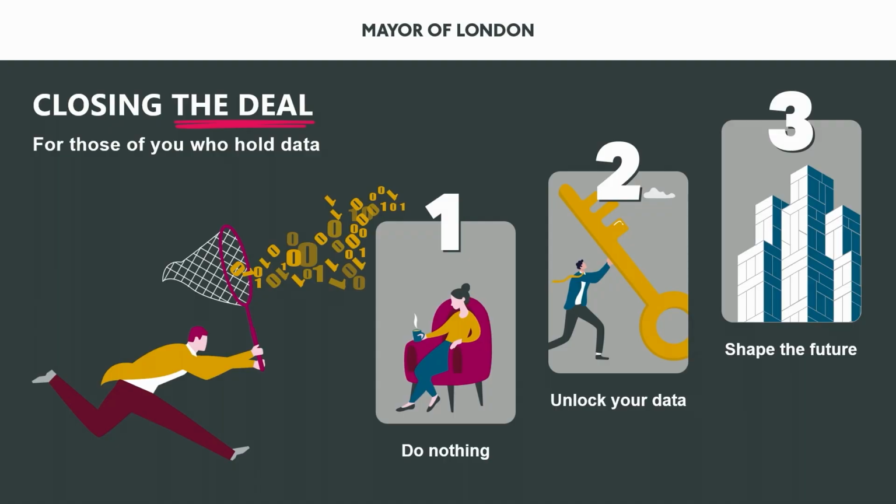You can just do that first step that Paul described, which is unlock your data and make it available. You don't have to have the sexy data visualization platforms. Leave that to other people if it's not your bag. But if you want to be really part of the story, that's where you can invest your time and energy. You can be part of shaping the future. As a data owner and curator, you can shape the AI conversation as well as many others. I'd argue as data holders, we're shaping the future of London.